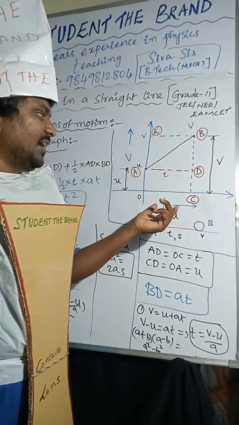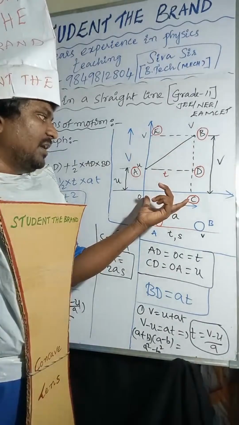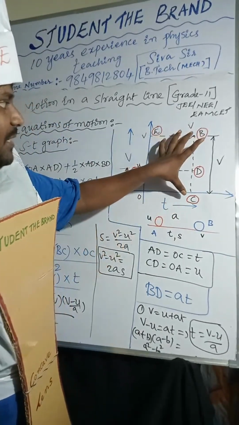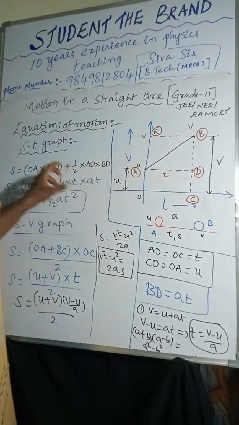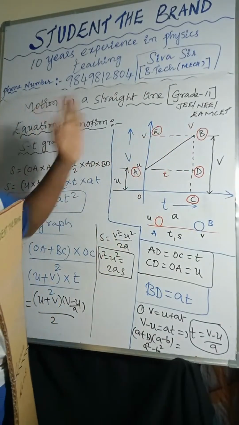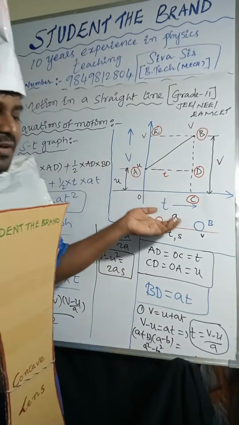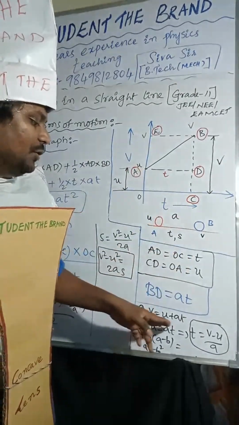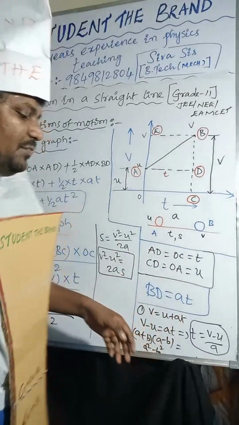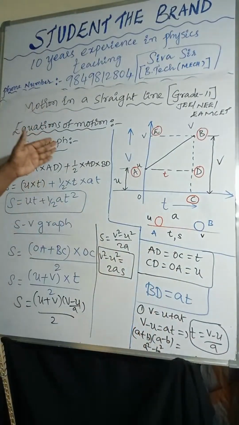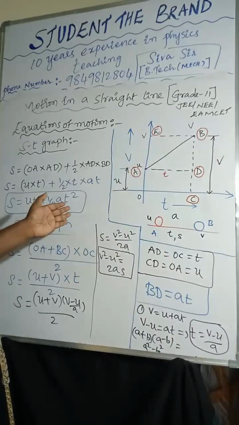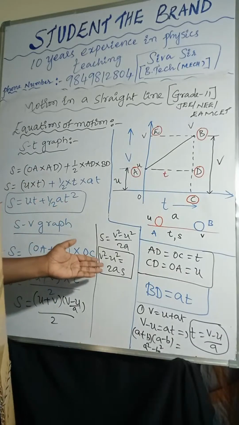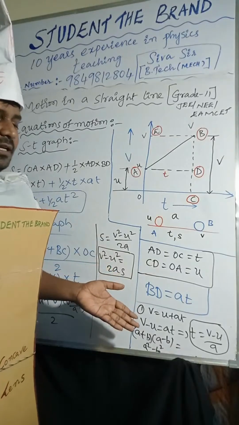The base is the time component, and here we are taking BC and BD. From the velocity-time graph, you will get v equal to u plus at. From the position-time graph, you will get s equal to ut plus half at square. From the position-velocity graph, you will get v square minus u square equal to 2as.